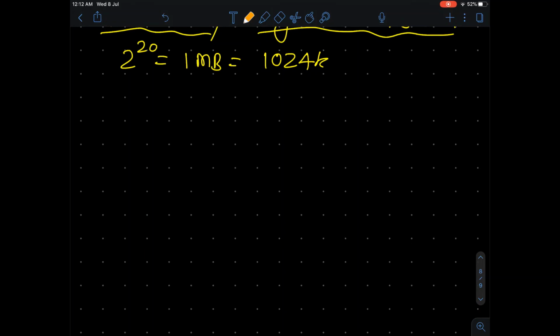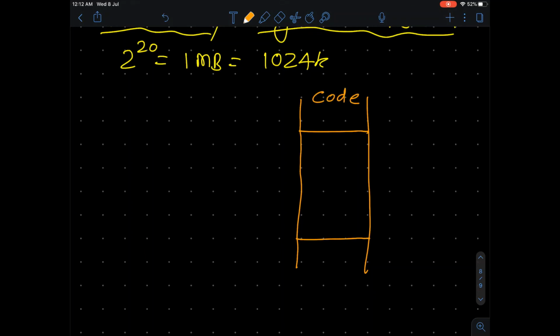Now suppose we have a code segment. Now the starting address, for example, 20000, and the ending address is 2FFFF.